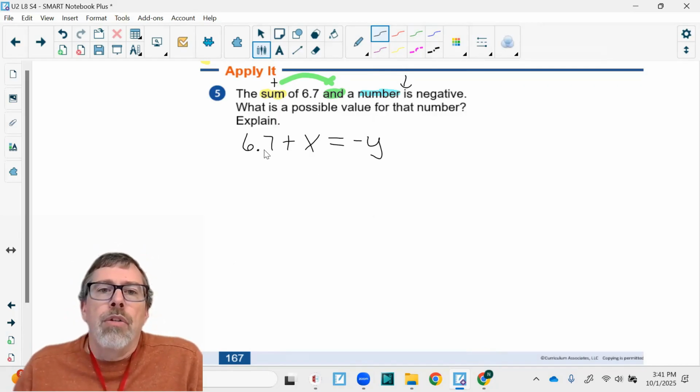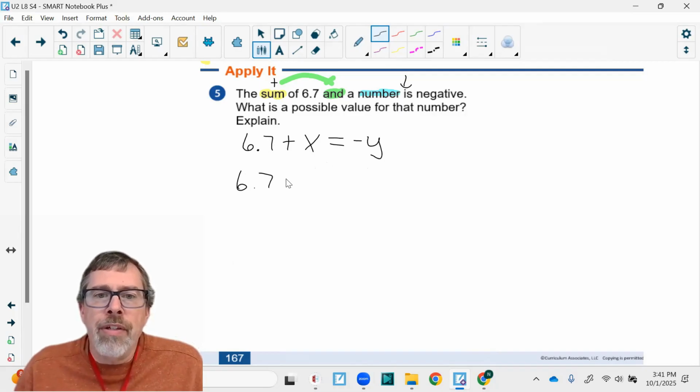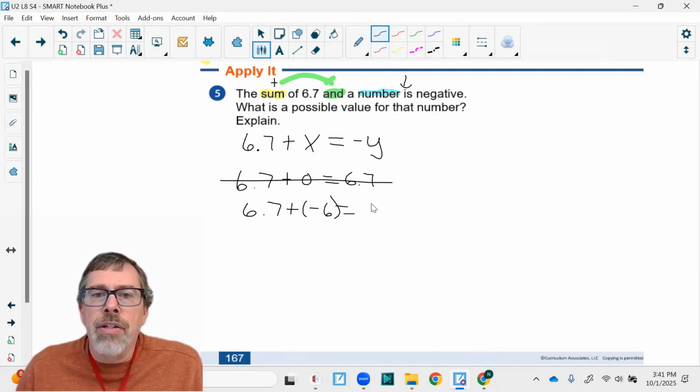Okay. So it says, what is a possible value for that number? Explain. So I want this to be negative. So if I took 6.7 plus 0, I would get 6.7, not negative. If I took 6.7 plus a negative 6, I get 0.7, still not negative.